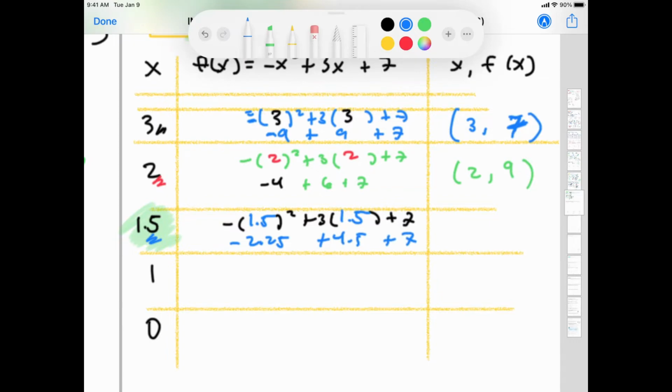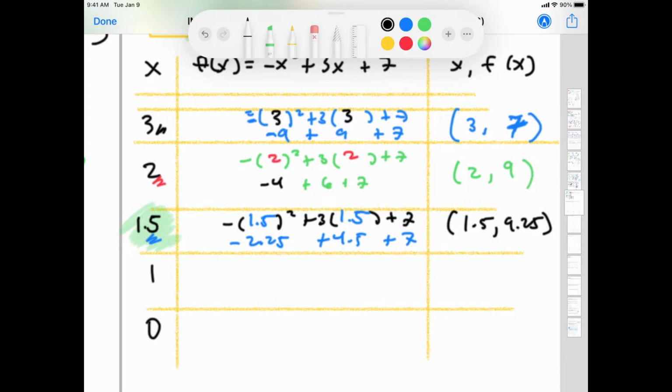So if I add those together, let's just double check. Negative 2.25 plus 4.5, and then plus 7 gives me 9.25. So 1.5 comma 9.25.